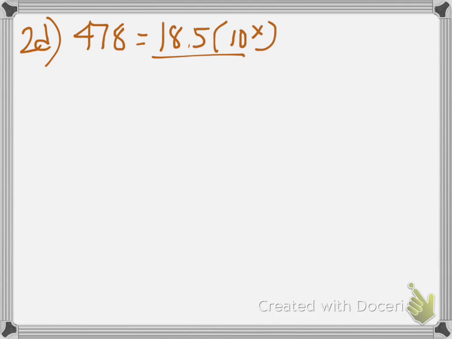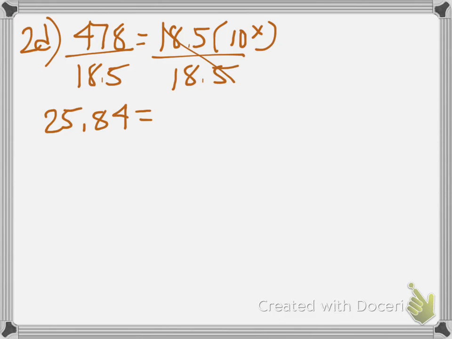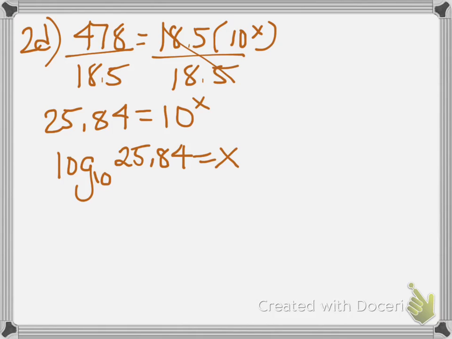So we have to do that division first. Divide both sides by 18.5. Make that go away. We get 25.84 equals 10 to the x power. Definition of logarithm, log base 10 of 25.84 equals x. So x equals 1.41.